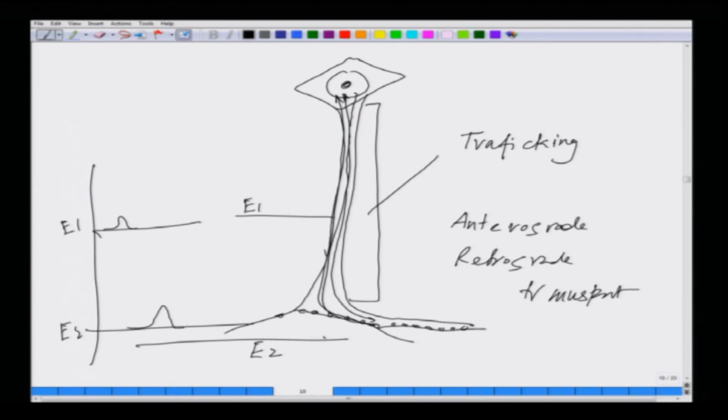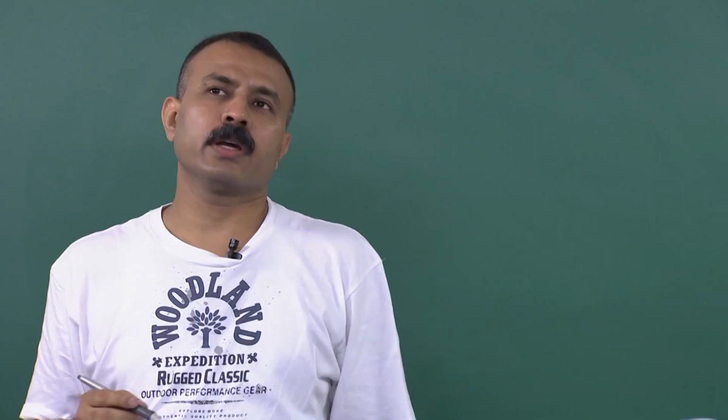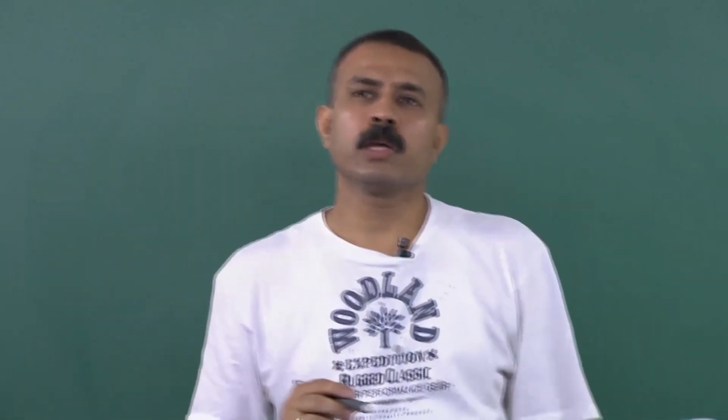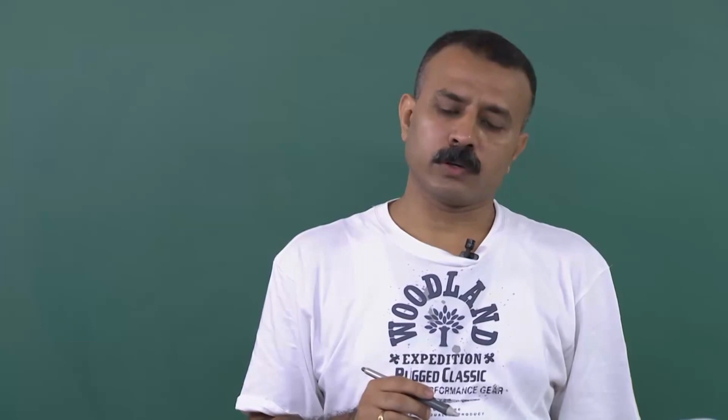That gap is the time it takes to travel from here to the postsynaptic membrane. Okay. And if you do not see such a signal, it means they may be physically close to each other, but there is no functional connection. These are acid tests of figuring out whether your motor neuron is sending a signal or not.